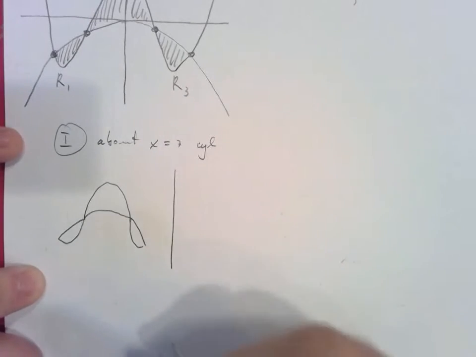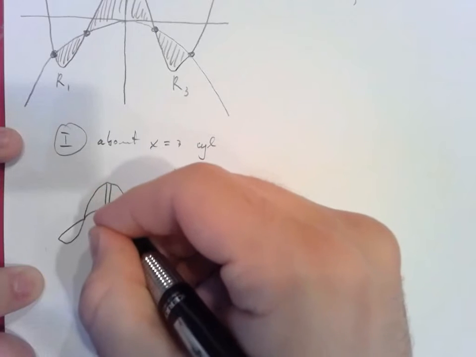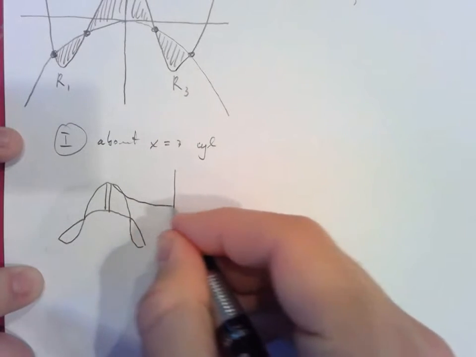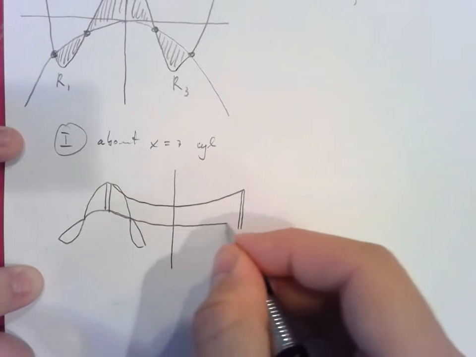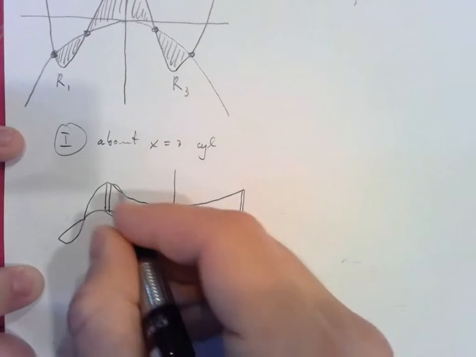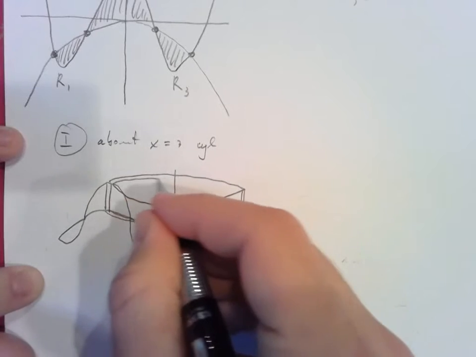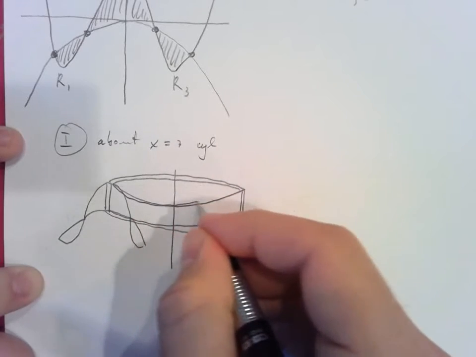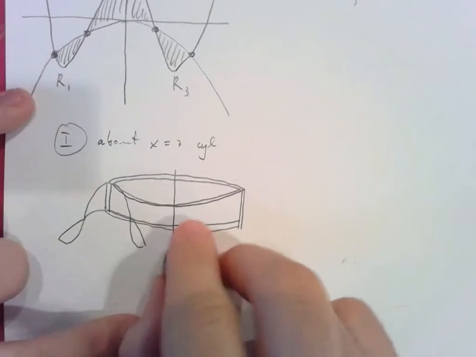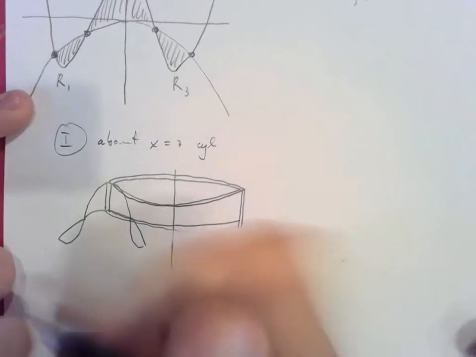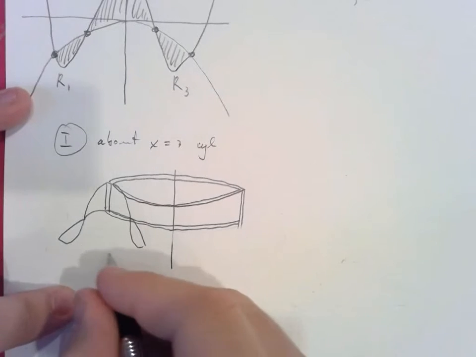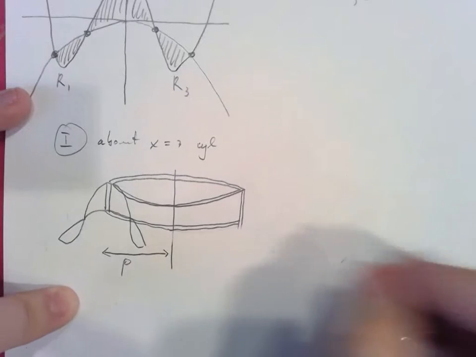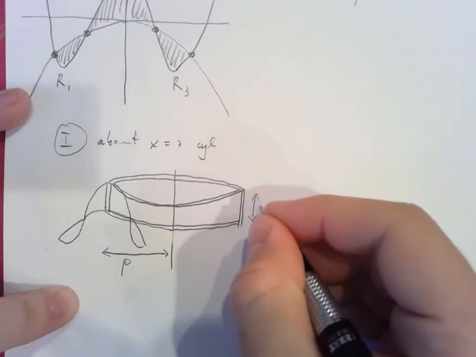So if I use the cylindrical shell method, I want to take a very thin cylindrical shell, and I want to compute the radius rho, and I also want to compute the height.